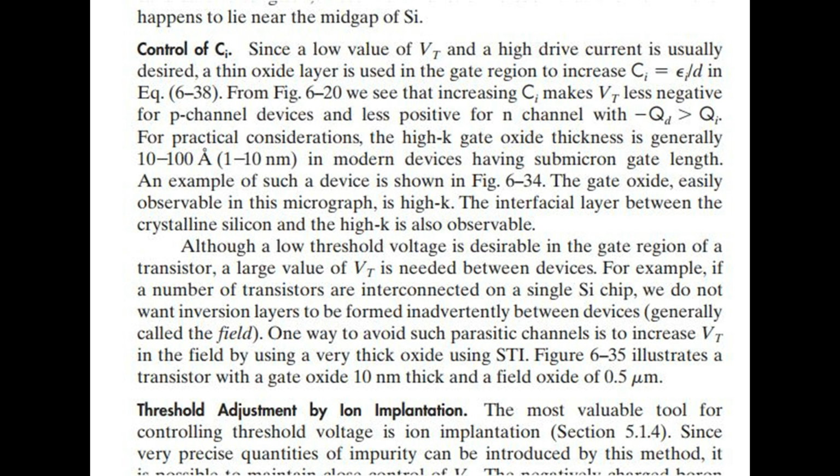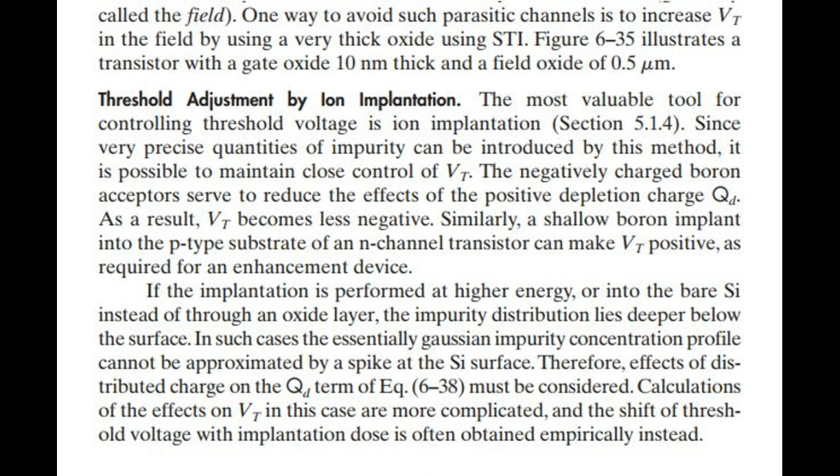The most valuable tool for controlling threshold voltage is ion implantation, section 5.1.4. Since very precise quantities of impurity can be introduced by this method, it is possible to maintain close control of threshold voltage. The negatively charged boron acceptors serve to reduce the effects of the positive depletion charge QD.